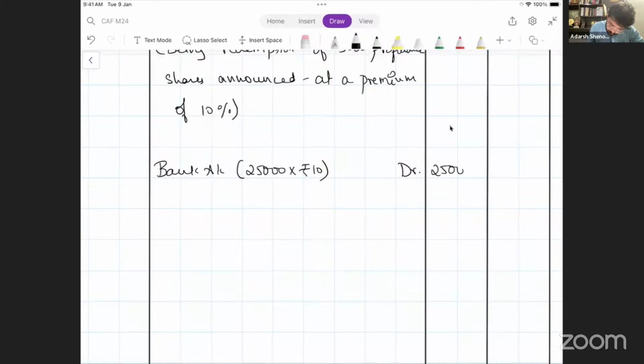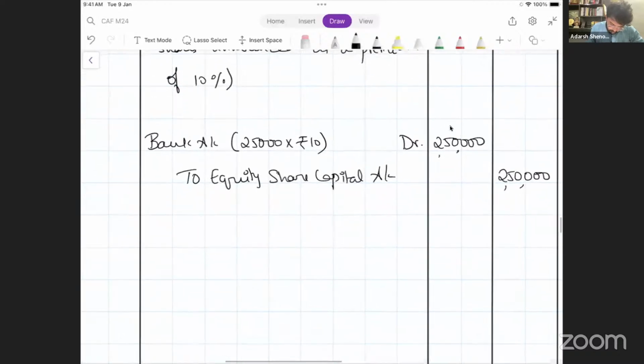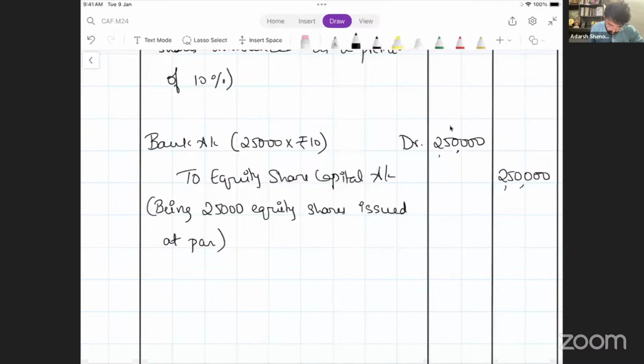So that's 2,50,000, to equity share capital, 2,50,000. Issued at par.